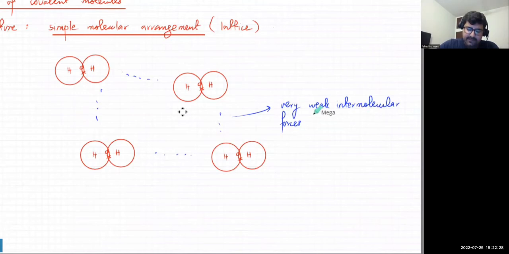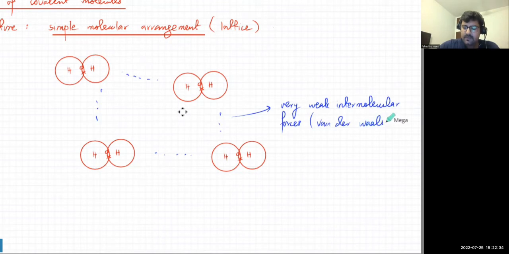These are known as van der Waals forces. So you can assume that there are very weak intermolecular forces. And why are they very weak? Because all molecules are neutral, and neutral things don't attract neutral things.